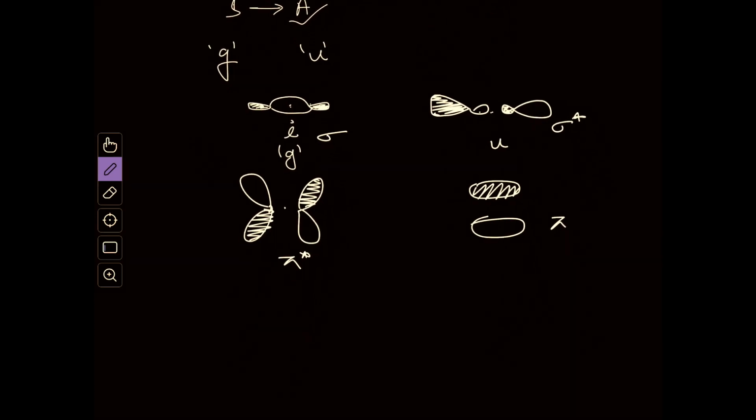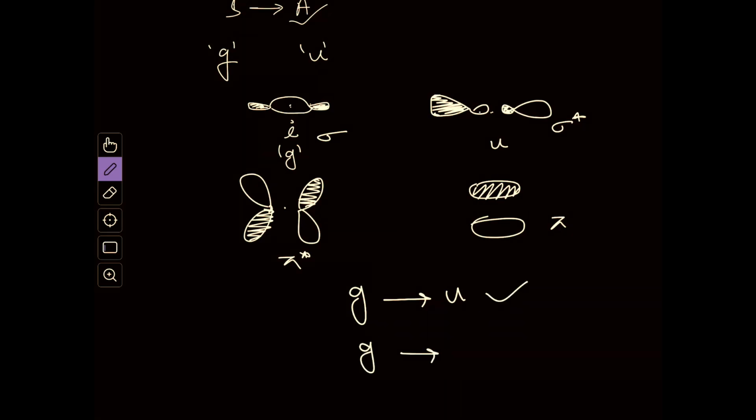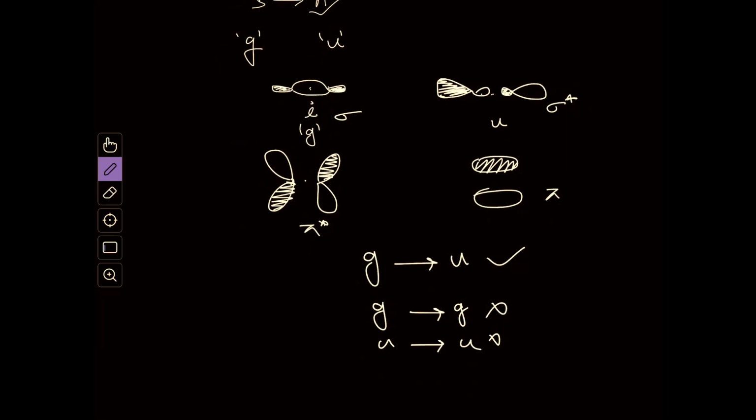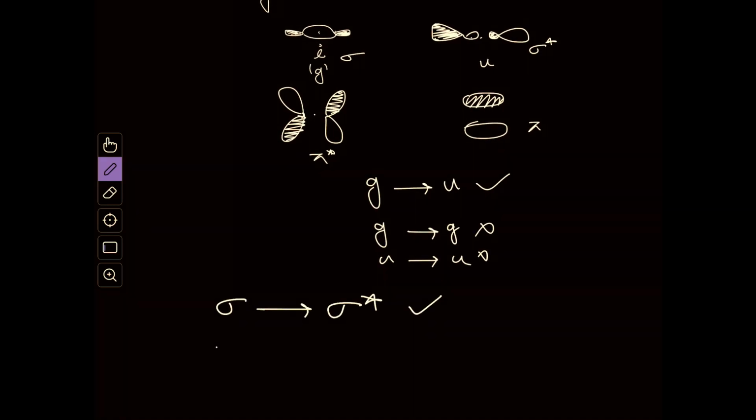Now this selection rule says that from Gerade to Ungerade it is allowed, but from Gerade to Gerade or from Ungerade to Ungerade it is not allowed. That means from sigma to sigma star it is allowed. Similarly, from pi to pi star it is allowed.